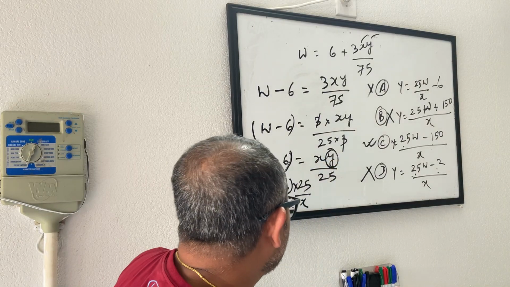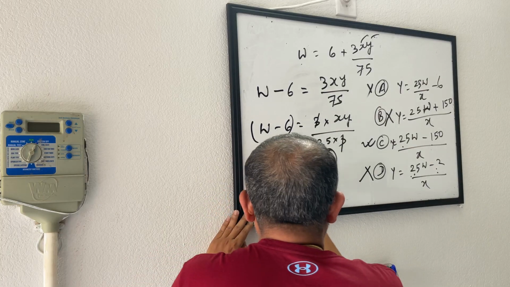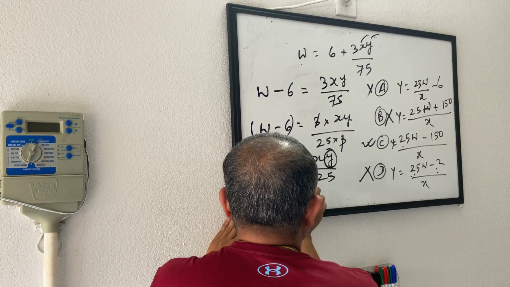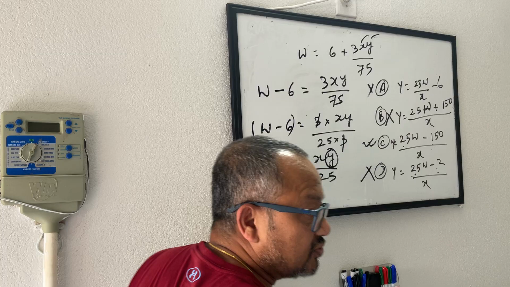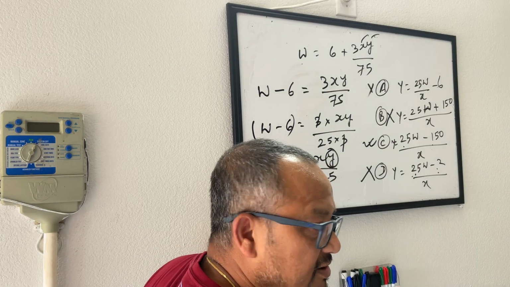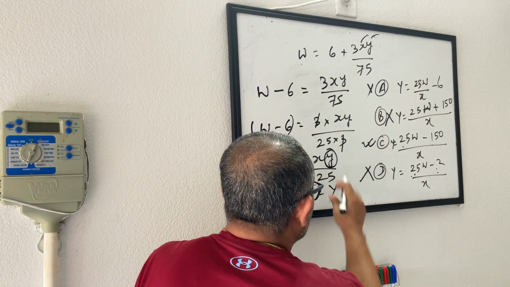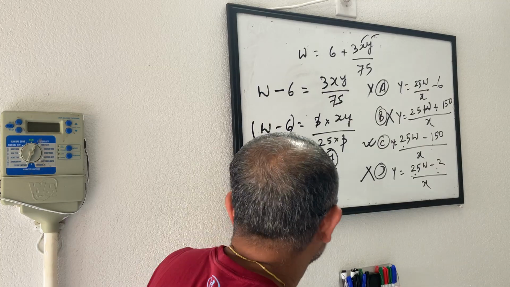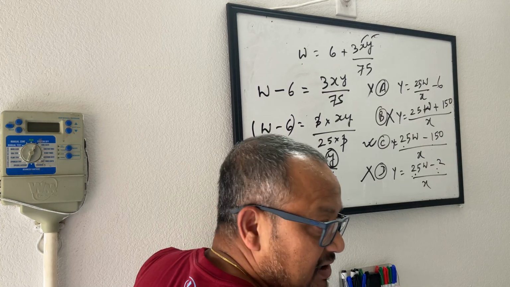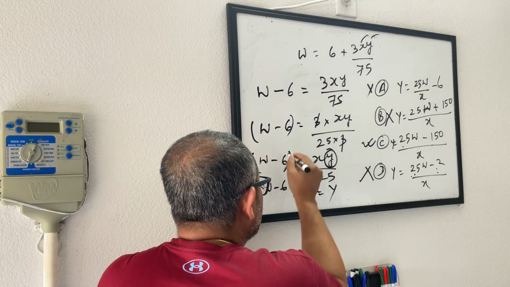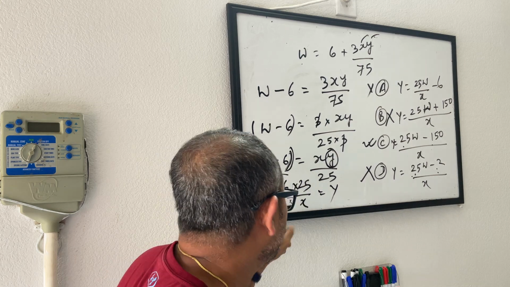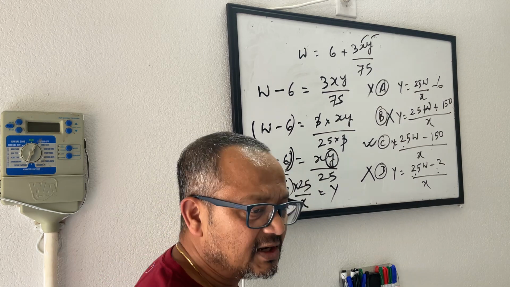Actually, if I don't put a bracket, this is what I will end up doing by mistake. Y equal to this. Then okay, I multiplied this. But you don't have to multiply with one of the terms here. You have to multiply with everything that you have on this side. So that's why putting a bracket makes your life a little easier.